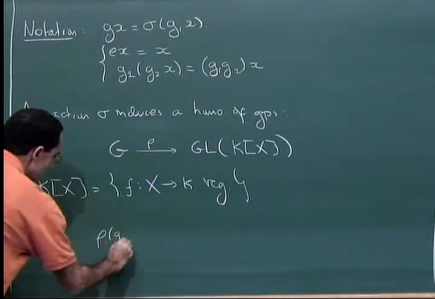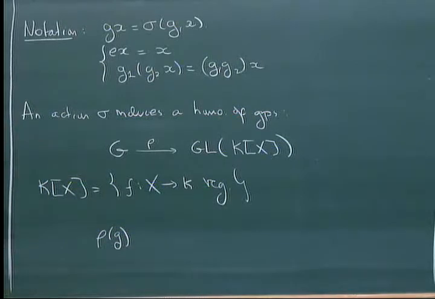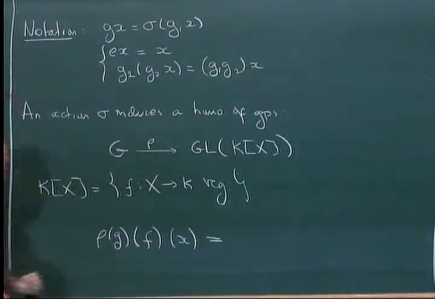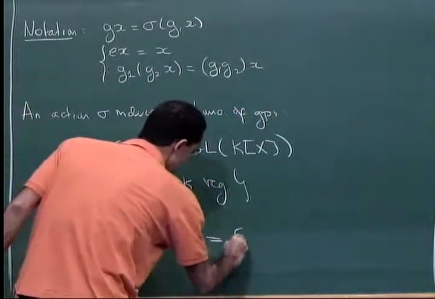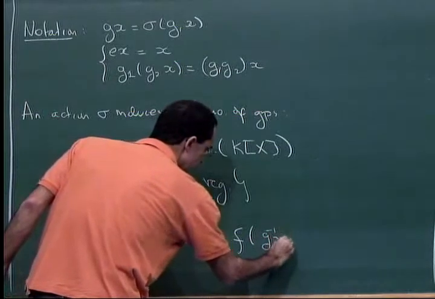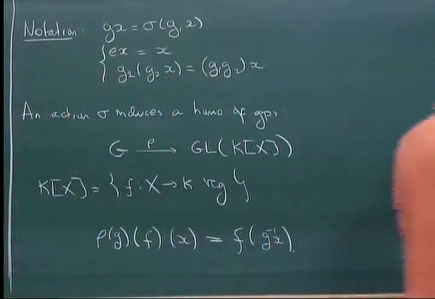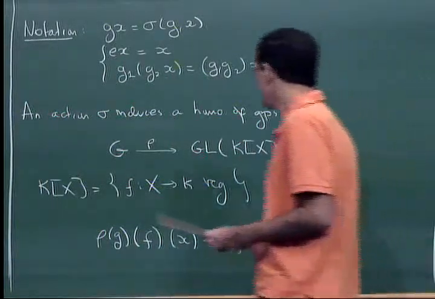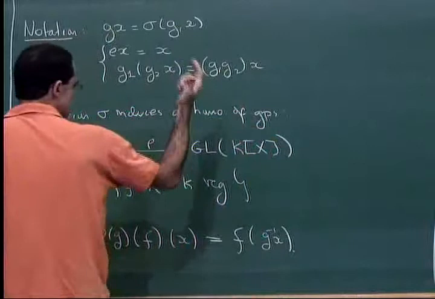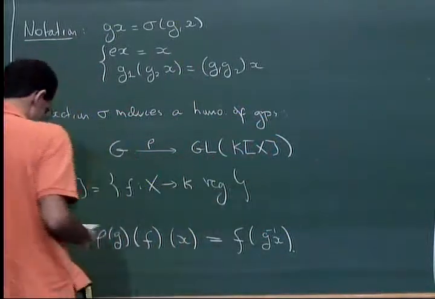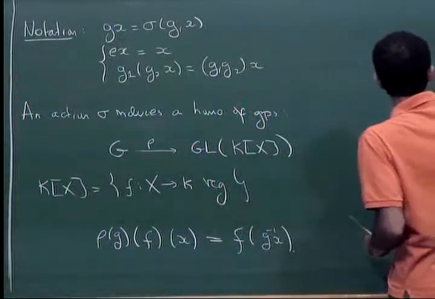If you have an element g, you have a linear transformation that acts on a function f, giving another function which on x is simply given by applying g inverse to x and then evaluating by f. So it's basically the same thing we had before. This, in a sense, is a homomorphism of algebraic groups, though I cannot really talk much about algebraic groups here because this could be infinite dimensional. But locally it is.